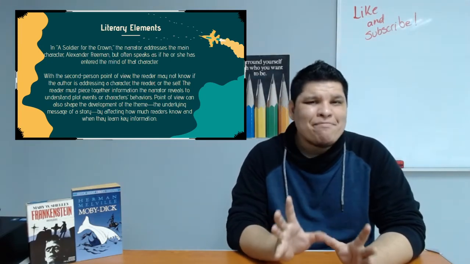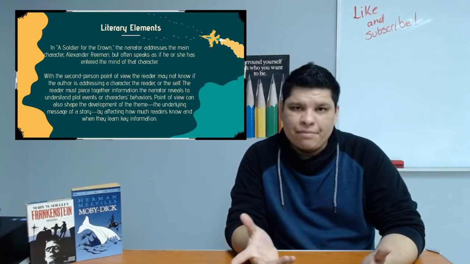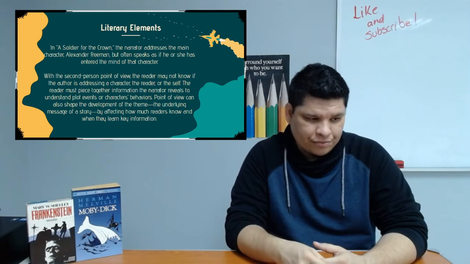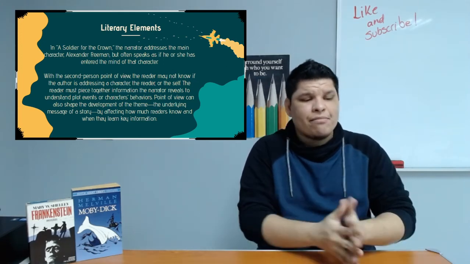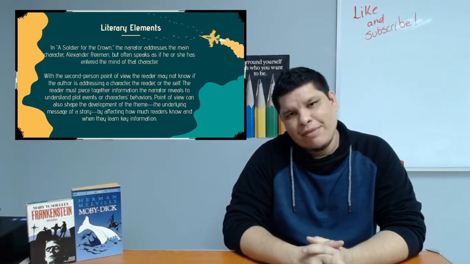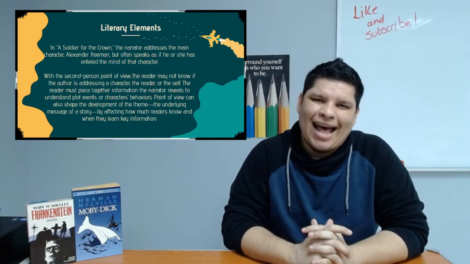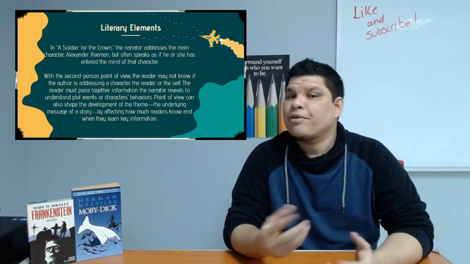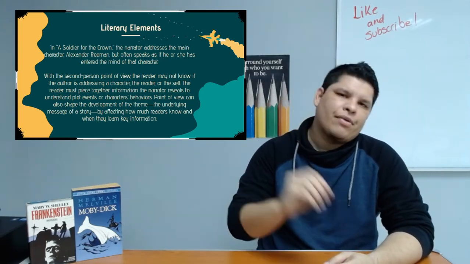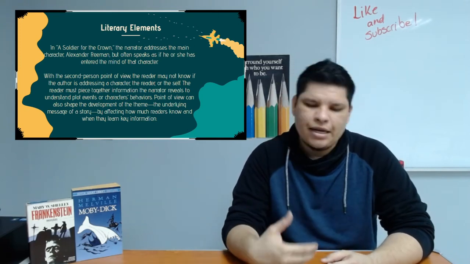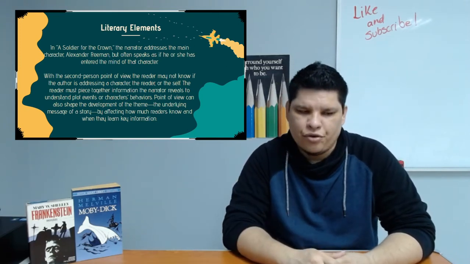The underlying message of the story, which is the theme, is really affected by the type of narration. So by affecting how much the readers know, and when they learn key information, that's how the author uses this technique to reveal and to develop not only the story, the plot, but also the theme and the message behind the story.